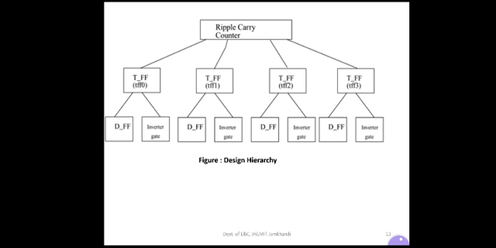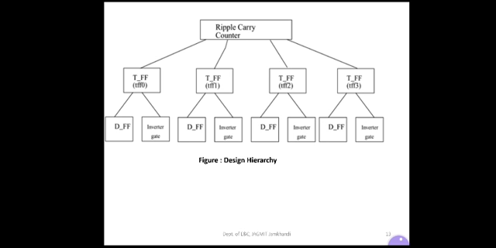Thus, the ripple carry counter is going to be built in a hierarchical fashion by using building blocks. The diagram for the design hierarchy is shown in this figure. That is the design hierarchy of a 4-bit ripple carry counter. Here the ripple carry counter block is a top level block. In the previous discussion we have discussed the top down methodology and the bottom up methodology.